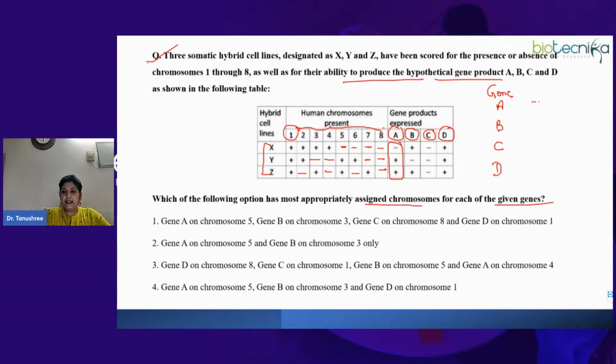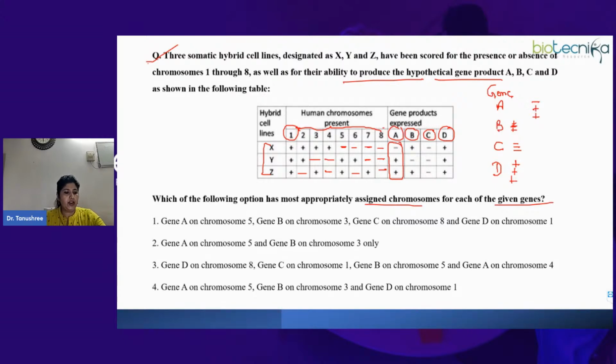So minus, plus, plus for gene A. For B, it should be plus, minus, plus. For C, it should be minus, minus, minus, and for D, it should be plus, plus, plus.